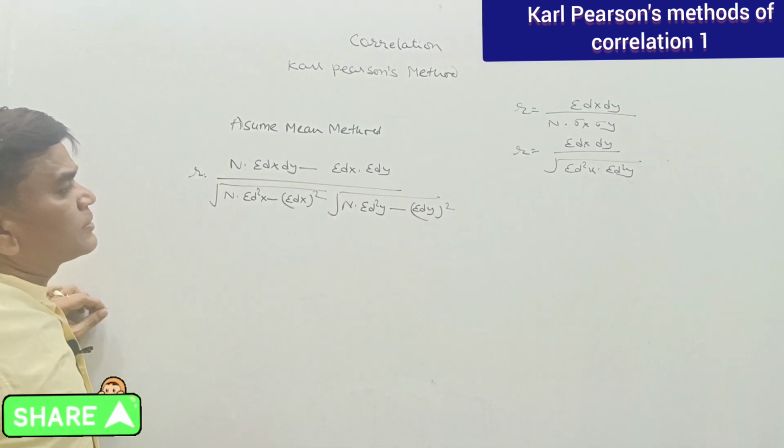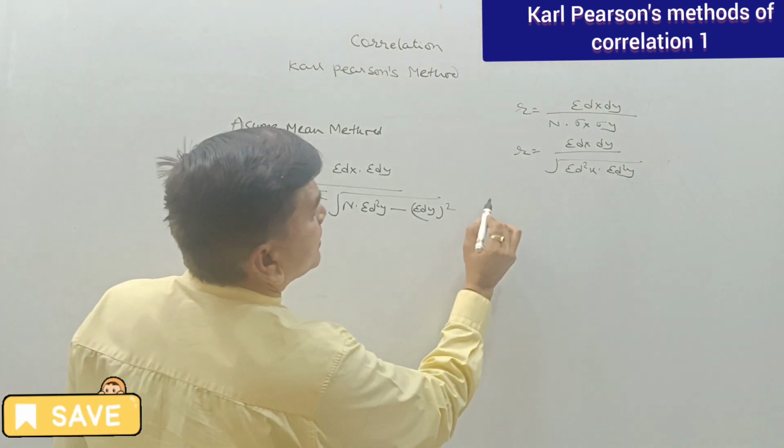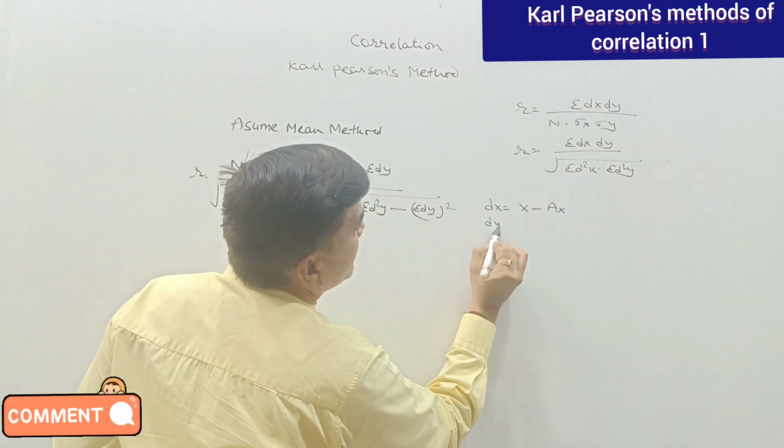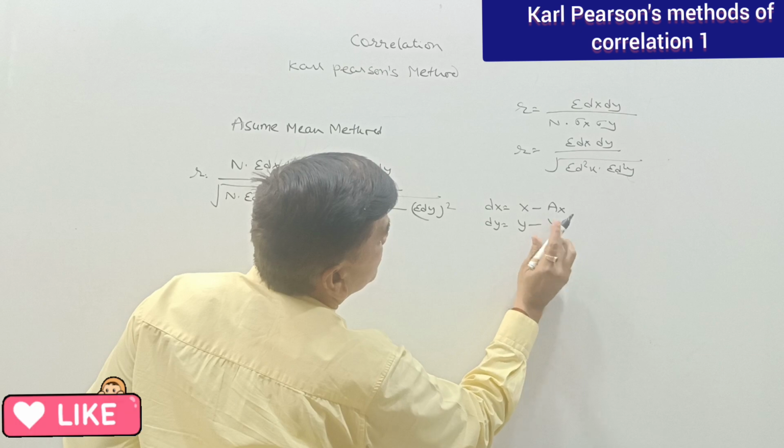It's very important. Here dx is equal to x minus the assumed mean of x, and dy is equal to y minus the assumed mean of y.